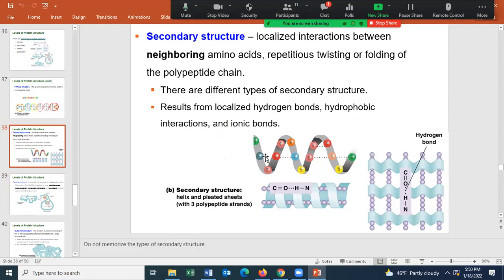This is a positive amino acid. This is a negative amino acid. They'll be attracted to each other. They can be polar and non-polar, or they could be both polar here, and they'll be repulsed from each other.